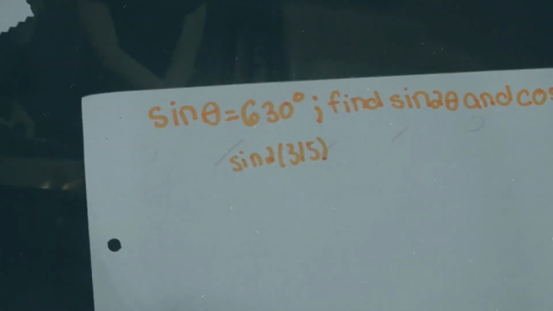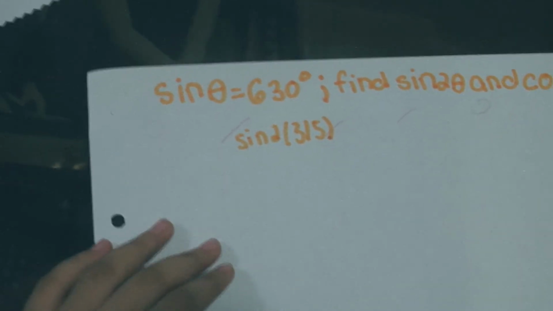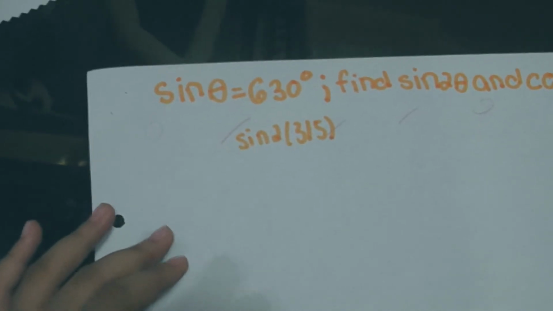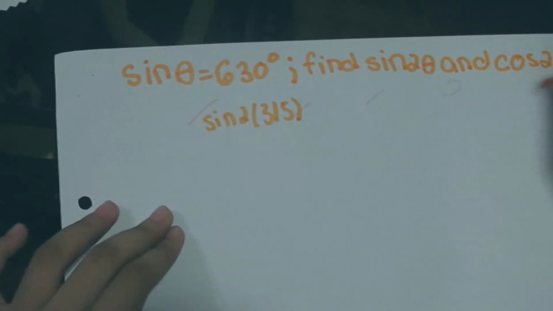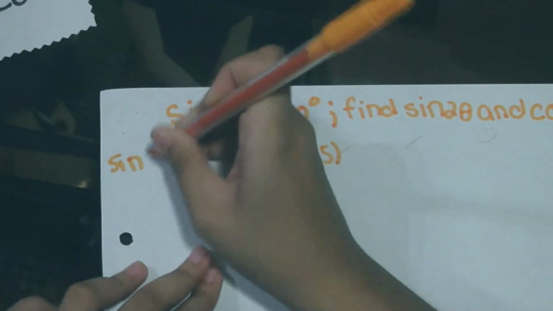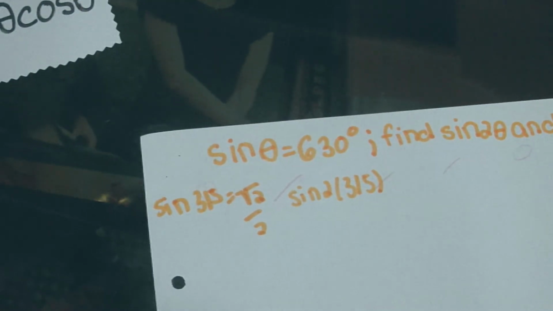The formula will be 2 sine theta times cosine theta. 315 is in the fourth quadrant, which means y will be negative. So sine 315 will be equal to negative square root of 2 over 2 because 315 is a multiple of 45.